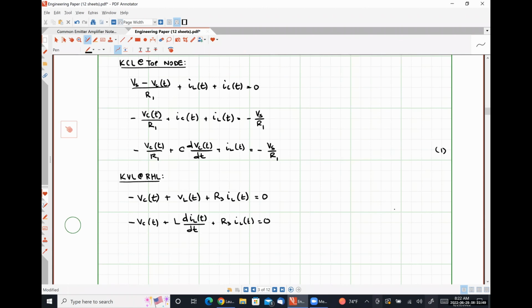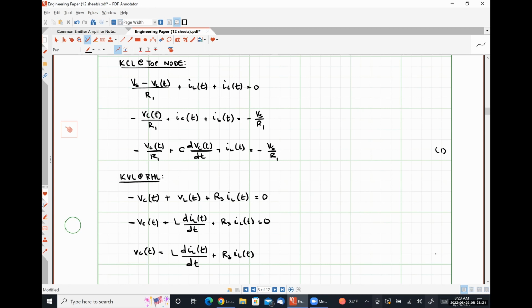So I can say then, just by simple algebra here, that VC of t is going to be equal to L dIL by dt plus R3 times IL of t.